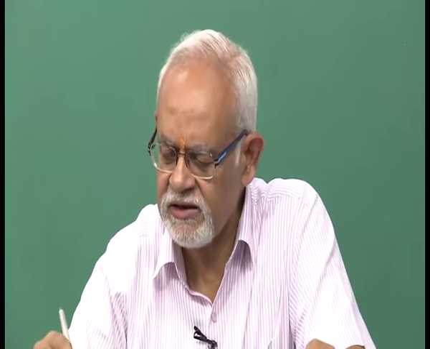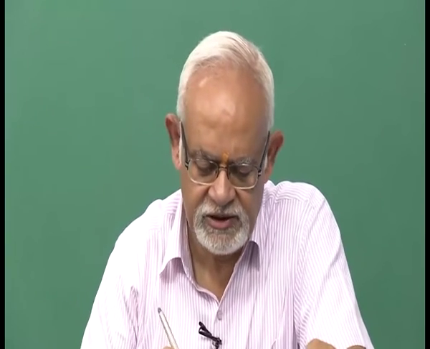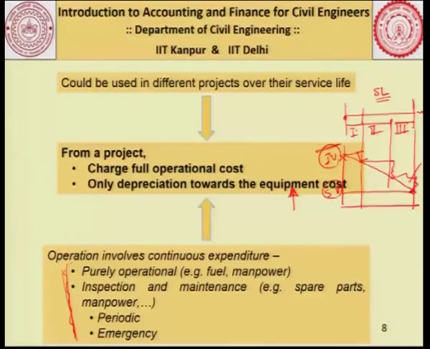This is as far as this part is concerned, and as far as the operational expenses are concerned, for each of these projects they have to be charged in full. So, that is how we can charge different projects for using the equipment. That has to be built into the cost of those projects.